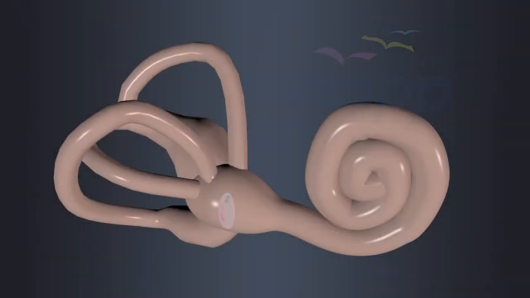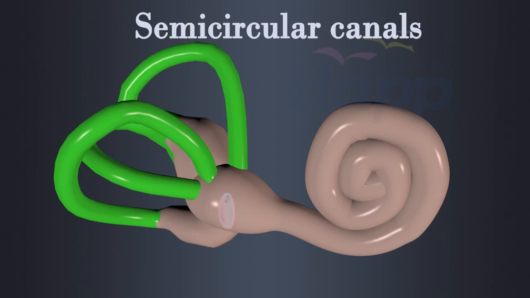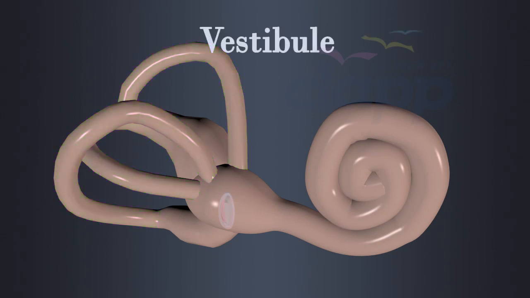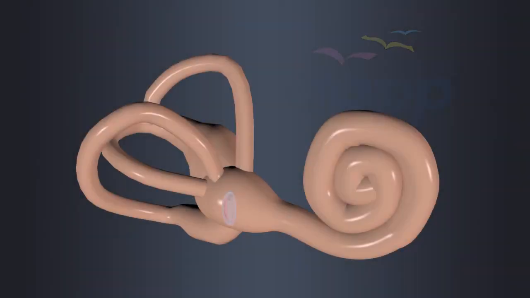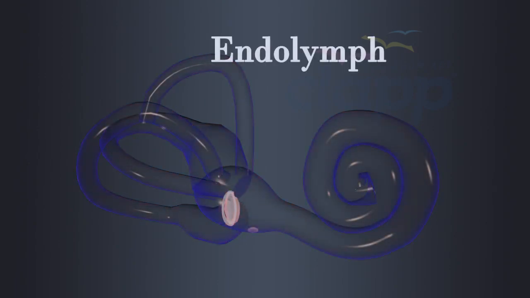Its main components are the cochlea, which is responsible for hearing, three semicircular canals, and the vestibule, which are responsible for maintaining body balance. Membranous labyrinth is filled with a fluid called endolymph.